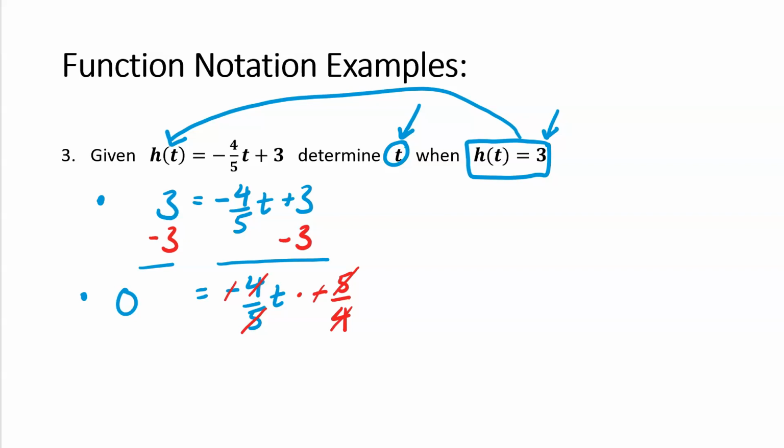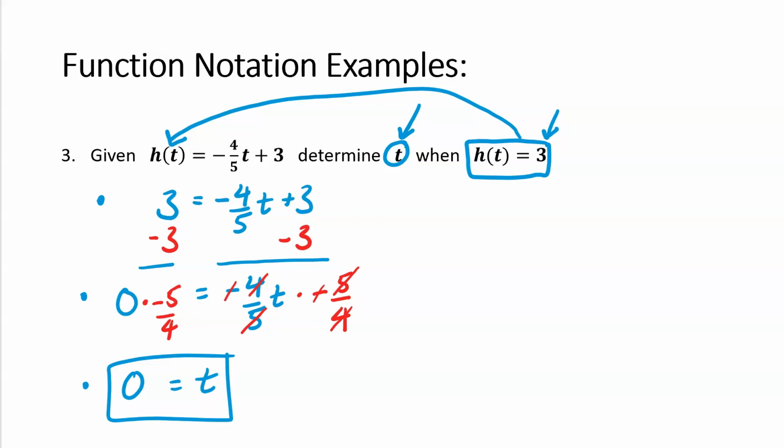We have to do the same thing on the other side of the equation, where we multiplied by negative 5/4. But 0 multiplied by anything is just 0. So here we have 0 equals t, or t equals 0 would be your answer.